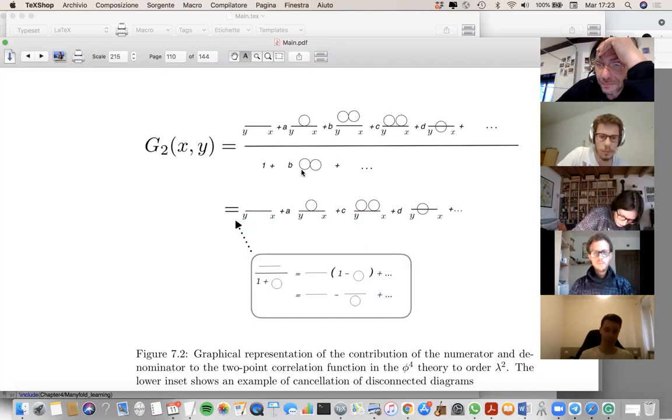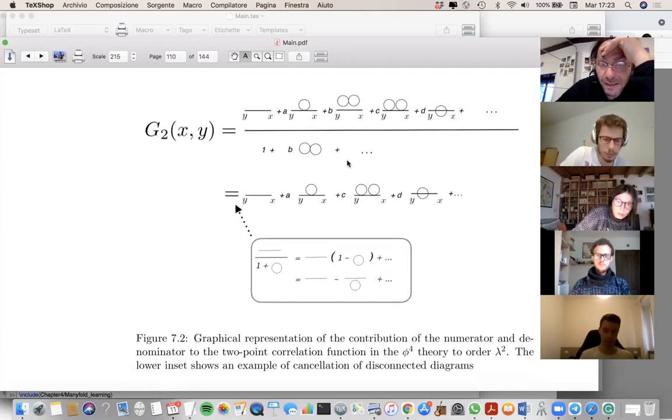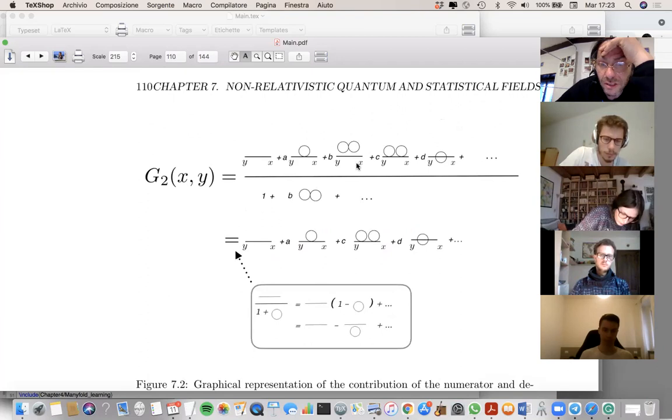Okay? Now, what happens is that in the numerator, I have terms which multiply a delta times a loop. But when I pull out the denominator, I get another one that does exactly the same, where this loop multiplies this propagator. You see this?